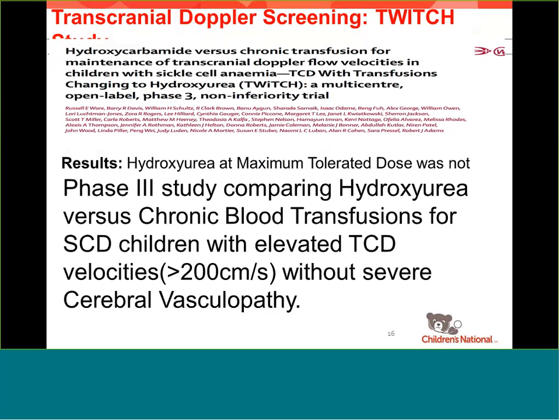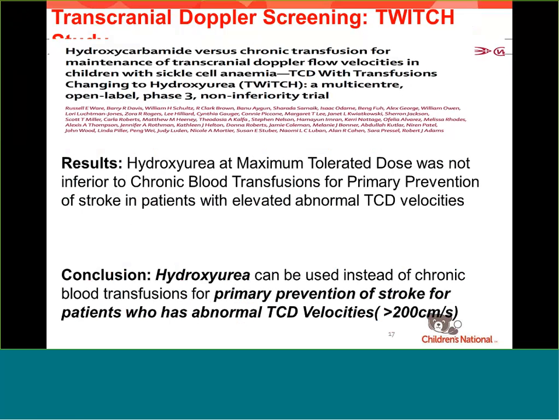And what ended up happening was that they found that hydroxyurea at the maximal tolerated dose was not inferior to chronic blood transfusions, basically saying that you can use hydroxyurea instead of chronic blood transfusions for primary prevention of stroke for patients who have abnormal TCD velocities, with only one caveat.